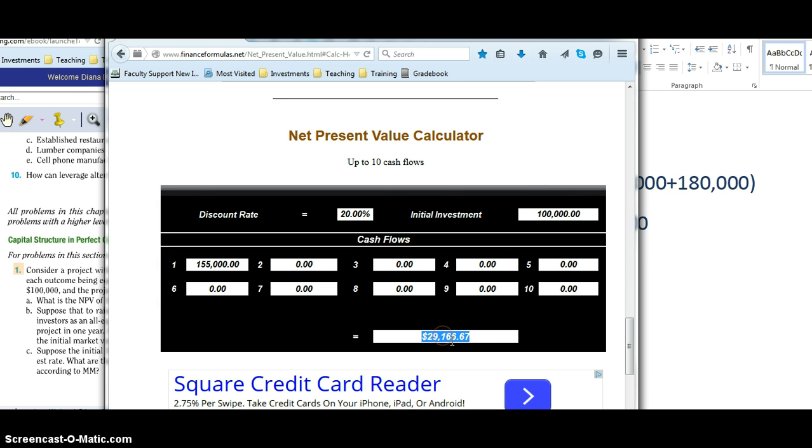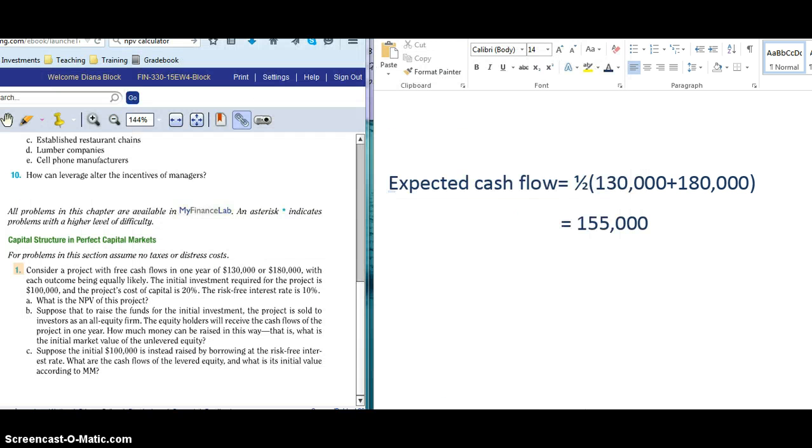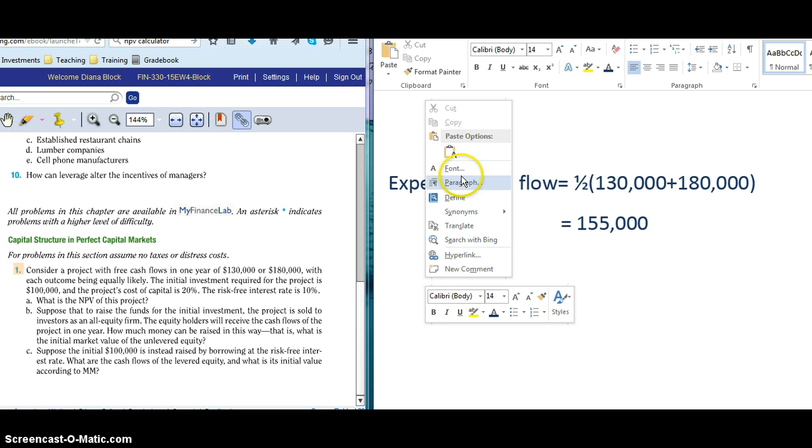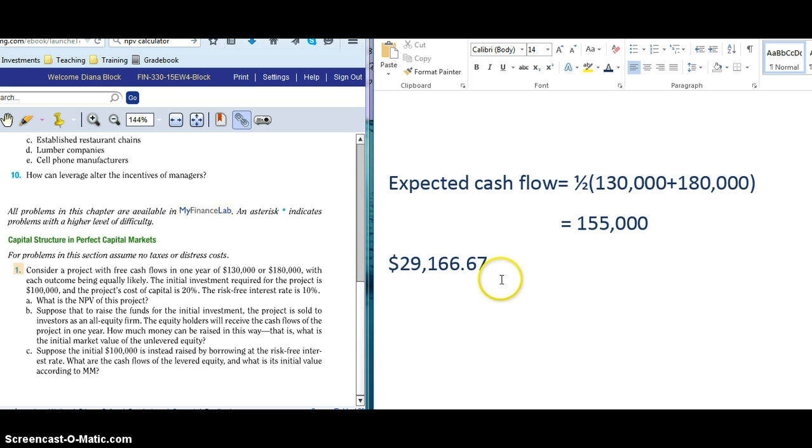So this is a tool you can use to calculate NPV even if you don't use Excel. And again, that was at financeformulas.net, and then just look through the calculators and you'll find that tool there online for you. So now we know what the NPV is.